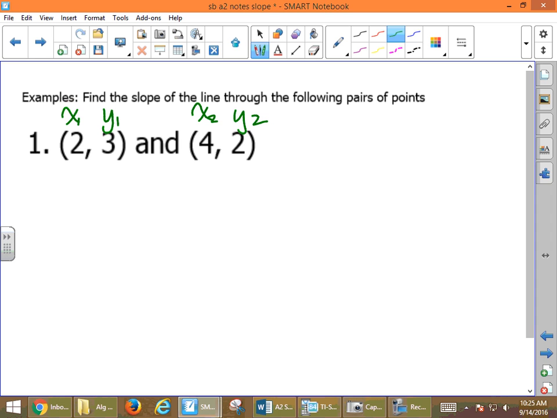Let's fill this into the formula. Y sub 2 minus y sub 1 divided by x sub 2 minus x sub 1. Well, 2 minus 3 is negative 1. 4 minus 2 is 2.